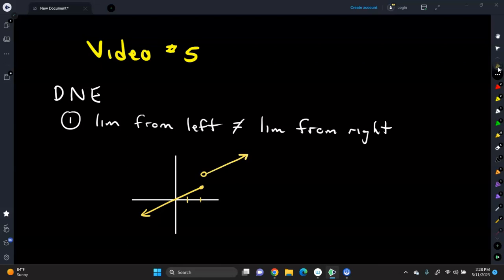This limit would not exist because the limit as x approaches 2 from the left is equal to 2, but the limit as x approaches 2 from the right is equal to 3. They're not the same, therefore the limit does not exist.